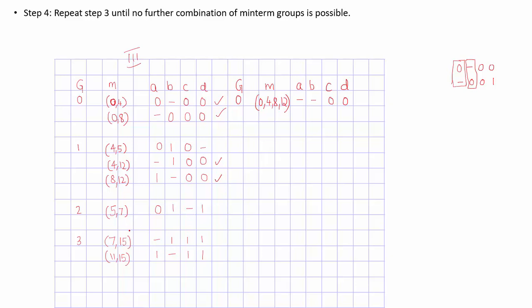So 5, 7 and 11, 15 differ by more than 1 bit. So this is the table which you get as a result of step 4. If there were any other groups with combinations of minterms, you would compare group 0 with group 1, group 1 with group 2, and so on until no further combination of minterm groups is possible. So step 4 is done.